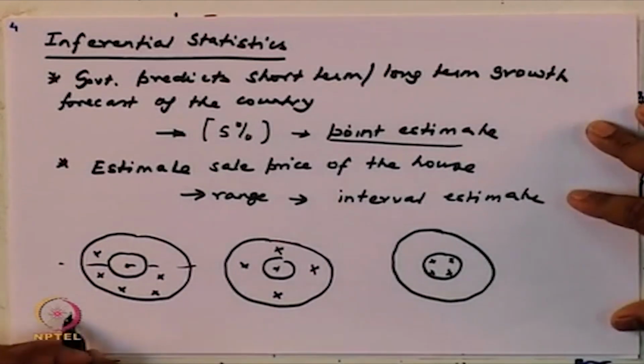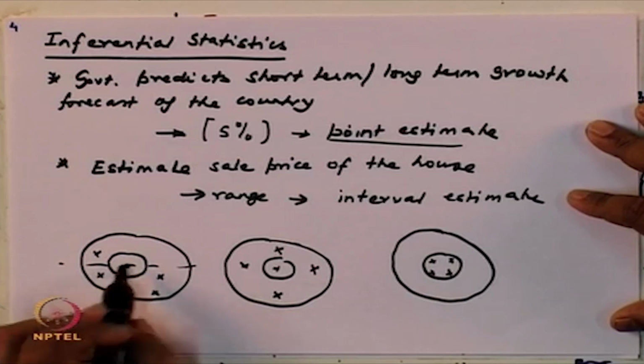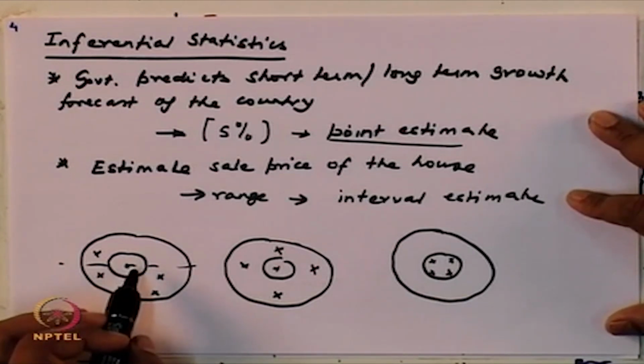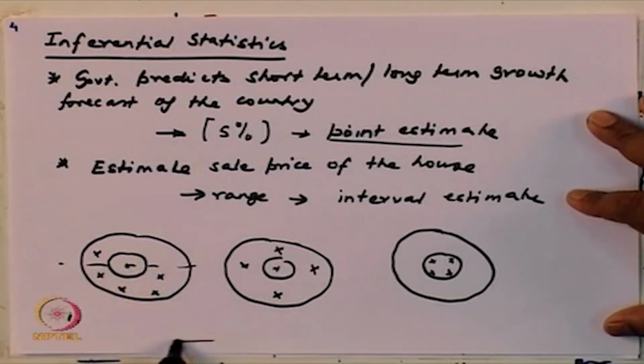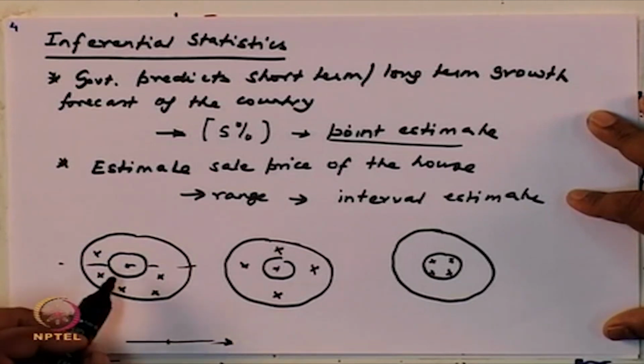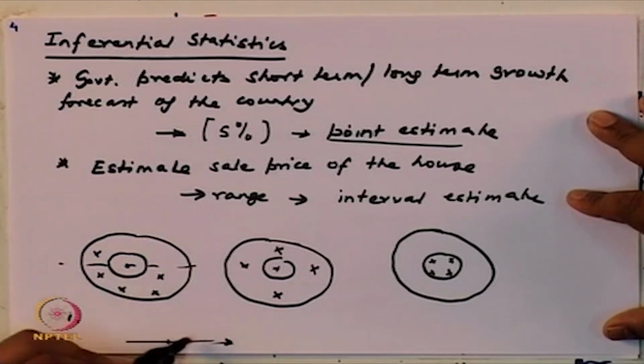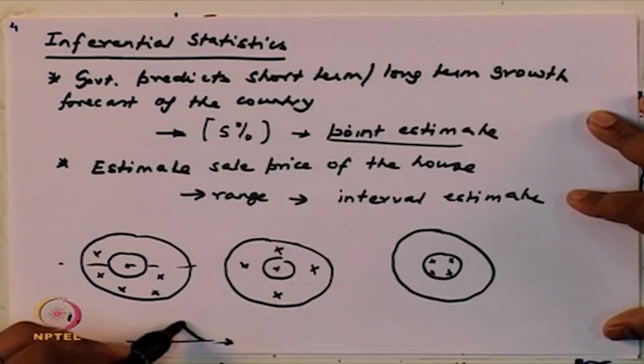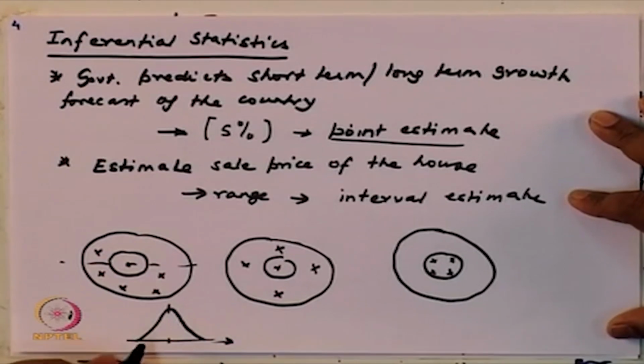So, number one, if this is the true value of a parameter that you are trying to estimate, this is some axis, and this is the true value of the parameter you want to estimate. You want an estimator which is unbiased. In other words, it has equal chance of predicting slightly higher or slightly lower values.